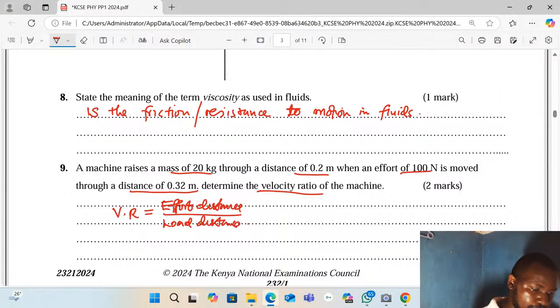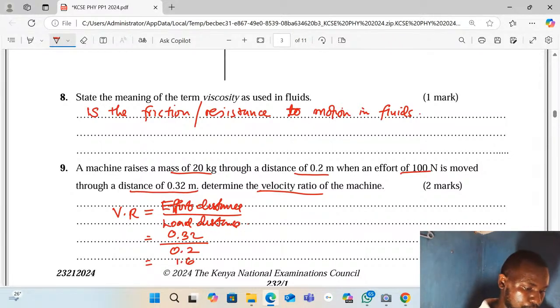And our effort distance, we have 0.32 divided by 0.2, and this one we get 1.6. That becomes the velocity ratio.